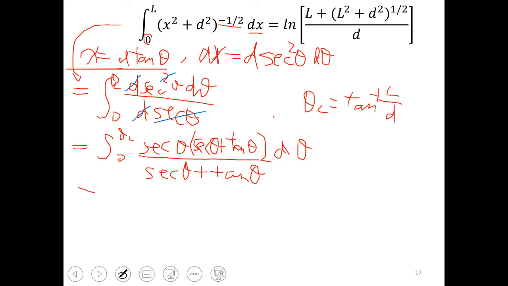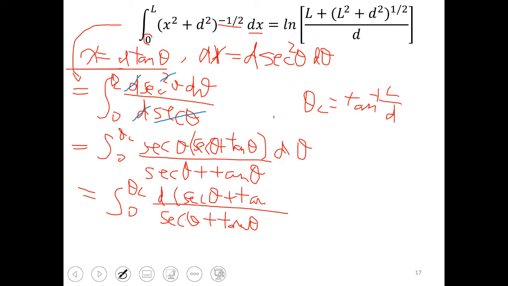So in the numerator we have secant theta times secant theta plus tangent theta, and in the denominator we have secant theta plus tangent theta, because d tangent theta is secant squared theta d theta, and d secant theta is secant theta tangent theta d theta. So with this simple trick, the numerator becomes d of tangent theta plus d of secant theta.